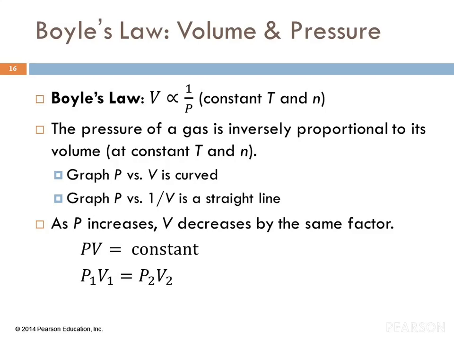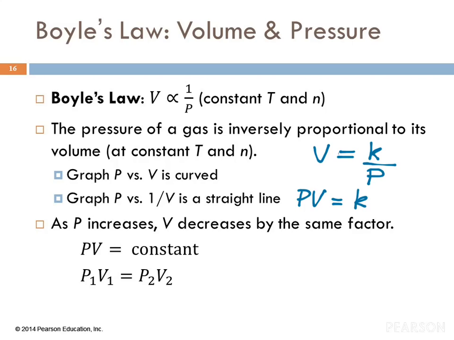So the way proportionalities work is you can say that the volume, if it's proportional to 1 over P, equals some constant divided by P. Equals some constant. Then if you rearrange that, you get pressure times volume equals this constant.